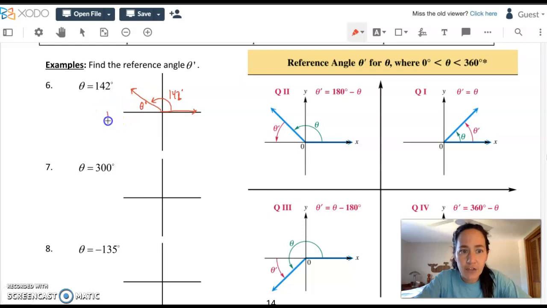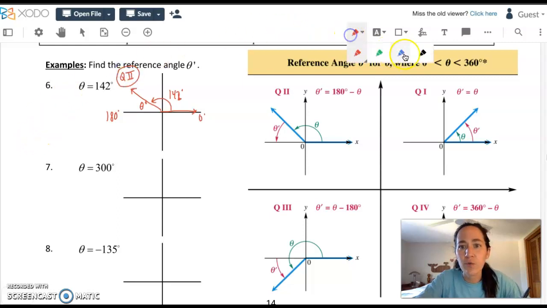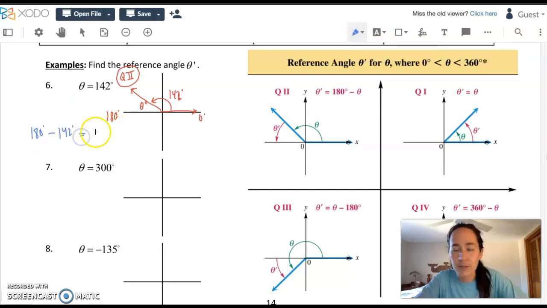You went from 0, not all the way to 180, not quite. You're coming back a certain amount. So for a quadrant 2 angle, we can always calculate the reference angle using 180 minus the original angle. So 180 minus 142, and we'll put our answer in degrees. 38 degrees is going to be the reference angle in this particular picture.